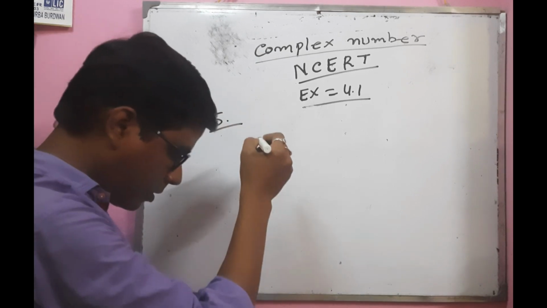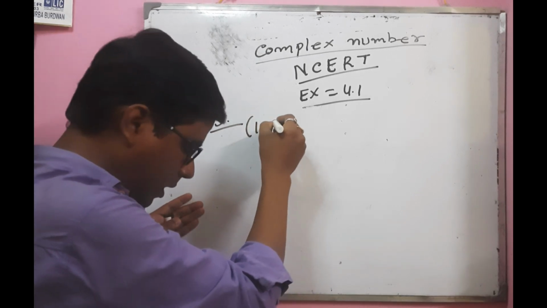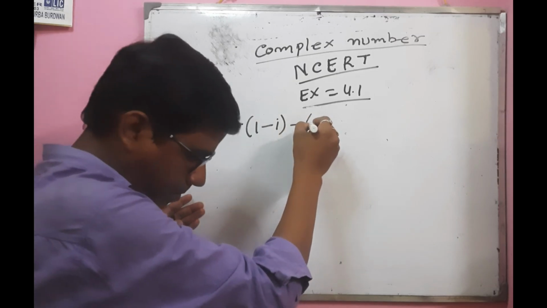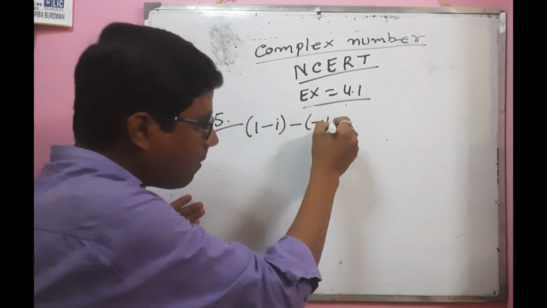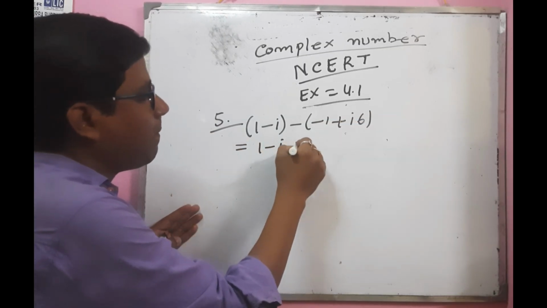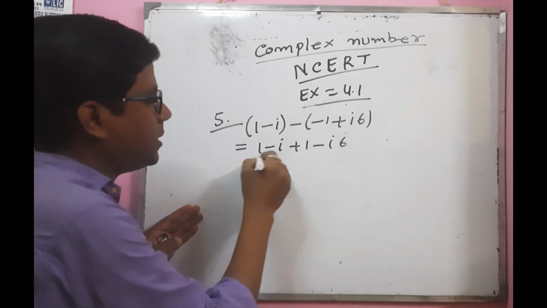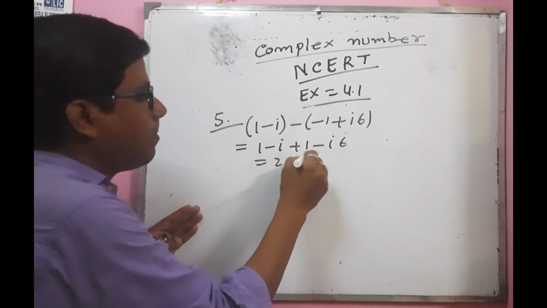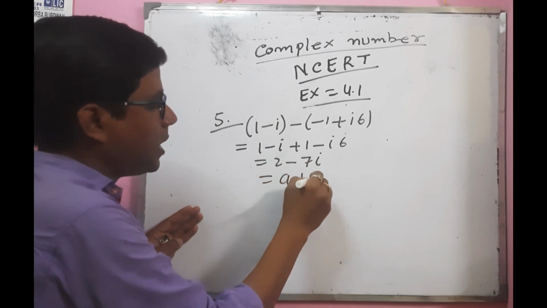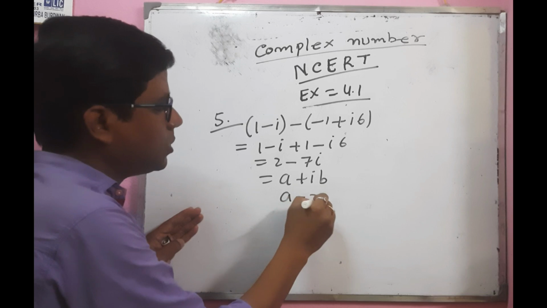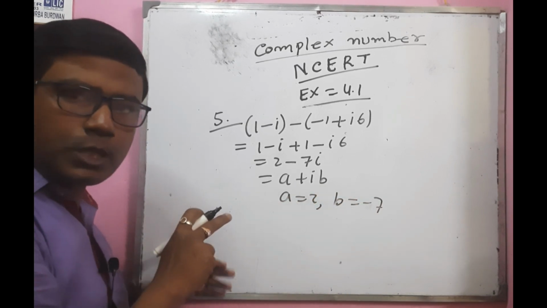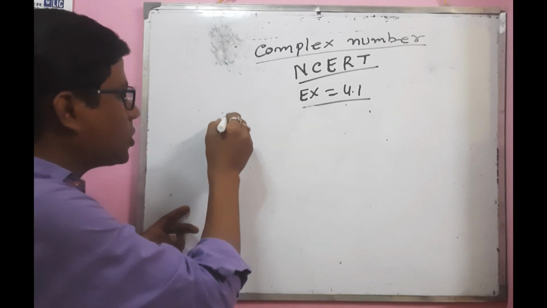5. 1 minus i minus of minus 1 i of 6. Now calculating we get plus 1 and minus of i6. There is 2 minus of 7i. So this is the form of A plus iB, where A is 2 and B is minus 7. Fifth is complete. Now we move to the next part. So 6.